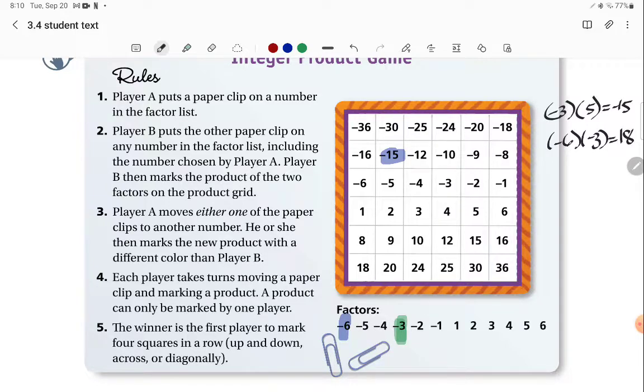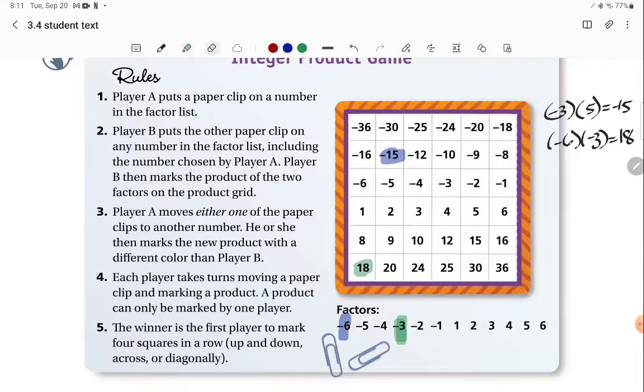Now as you're working together, I would highly recommend writing these products out so you can see them. In this case, a negative times a negative is a positive. And so then player A is going to mark 18 down here. Okay, then each player takes a turn. So now it's player B's turn, and player B is going to move either one of those.